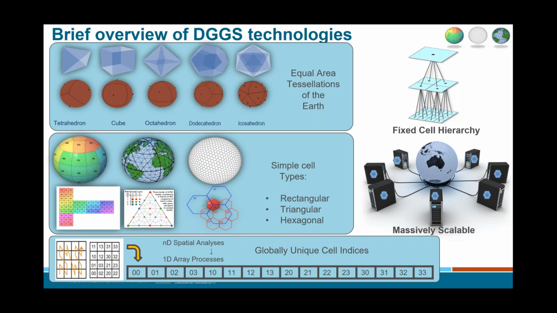And that again provides, in addition to being able to do these things by a set of one-dimensional array processes, which computers really love, it also allows us to do that in parallel, which again adds to the efficiencies.